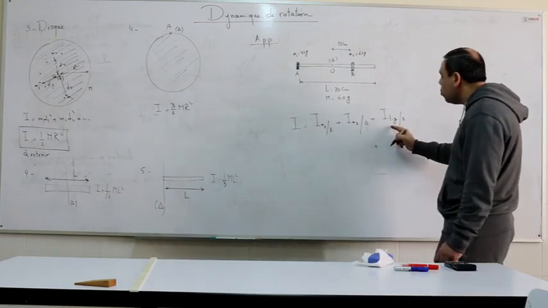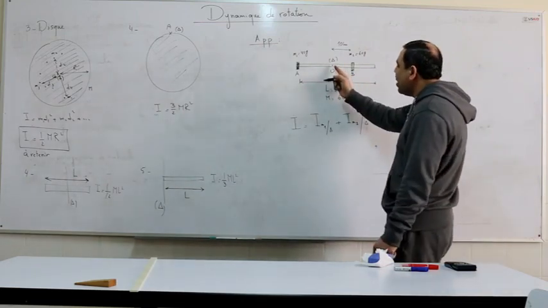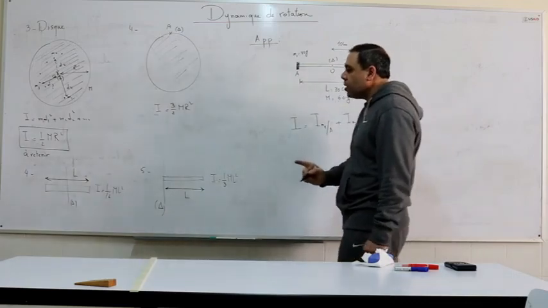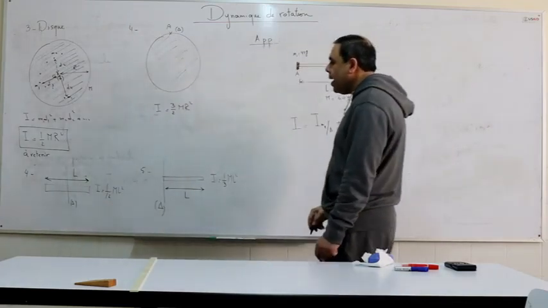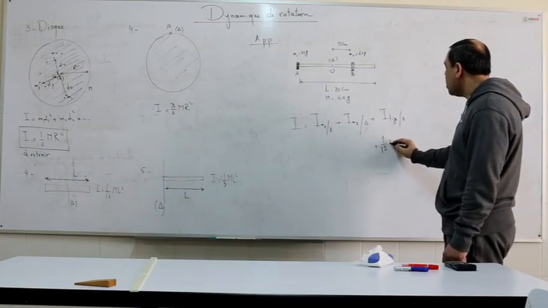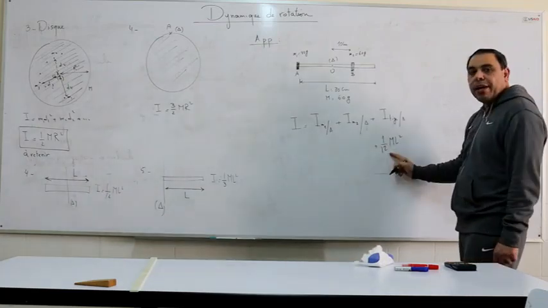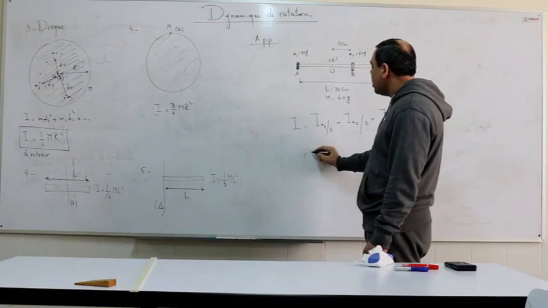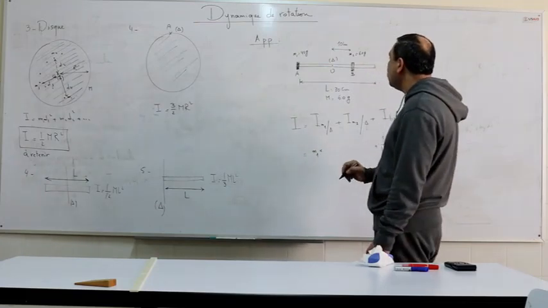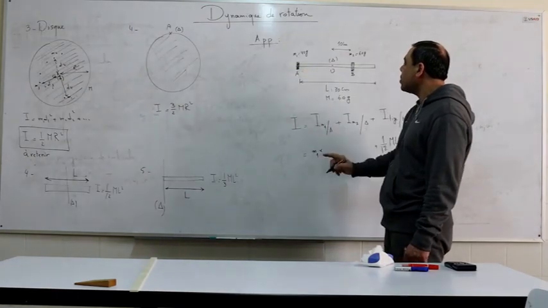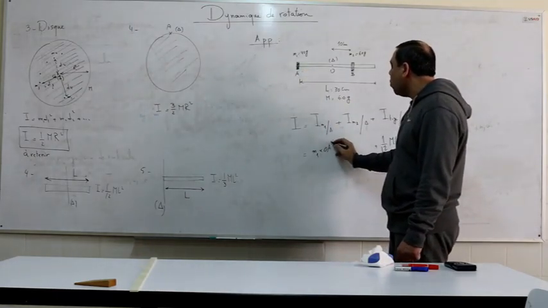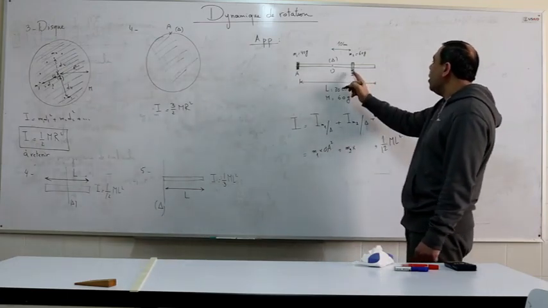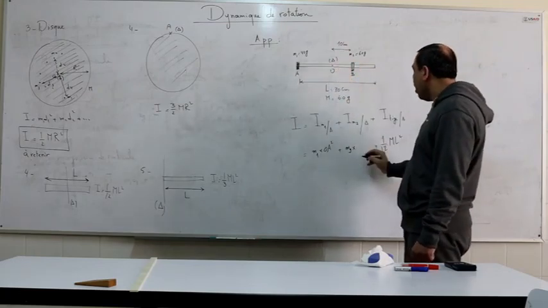Now, given that the moment of inertia of the rod with respect to a perpendicular axis that passes through its midpoint is one over 12 m l squared, which is not to be memorized, and knowing that for the particles we write m1 times the distance between m1 and delta, which is OA squared, plus m2 times the distance between m2 and delta, which is OB squared.